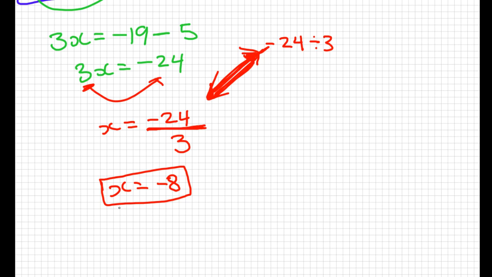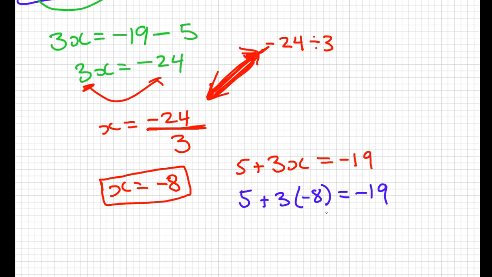Step 4, check that your solution satisfies the original problem. So the original problem was the equation we wrote out. 3x with 5 added to it equaling minus 19. So it's 3 times a certain number added to 5 equals minus 19. So let's work this out. Does minus 8 satisfy this equation? So we go 5 plus 3 times minus 8 equals minus 19. So that's how we substitute this back in. So we have 5, add 3 times minus 8 is minus 24.